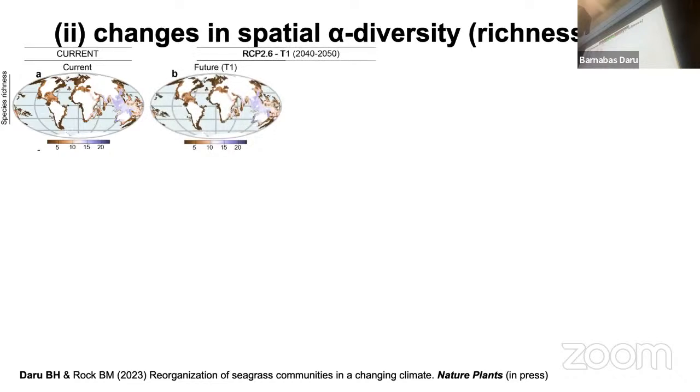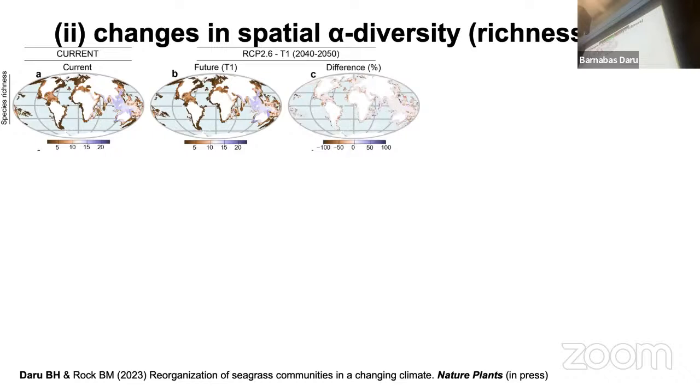We contrasted that with future predicted species richness in the year 2050. And then we took the differences between the current and future to have a difference map where cooler colors correspond to richness gains and warmer colors richness losses in the year 2050.